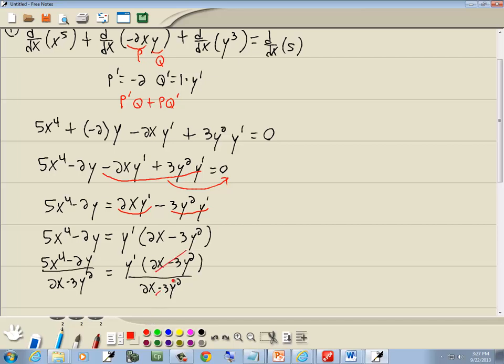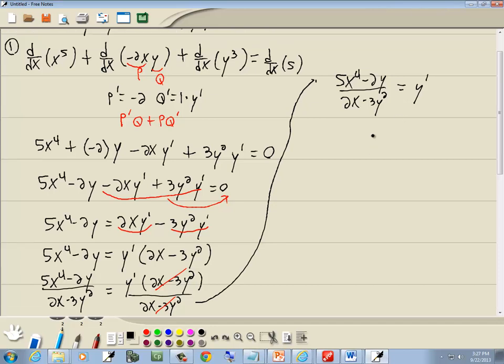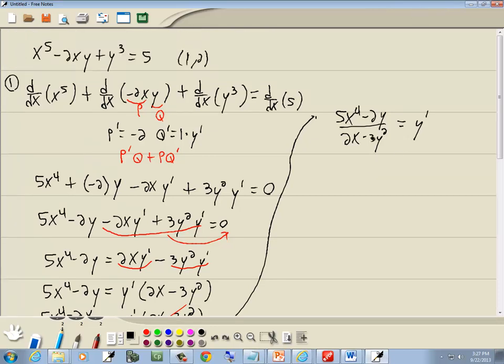These 2x minus 3y squareds are going to cancel. And we're going to have 5x to the fourth minus 2y over 2x minus 3y squared is equal to y prime. That's step 1.